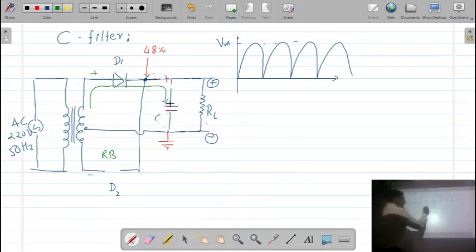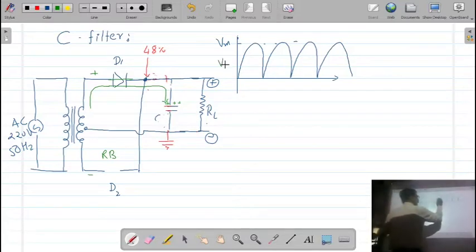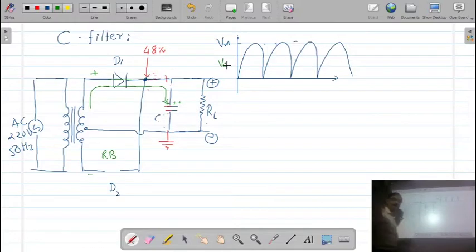So the voltage across this capacitor goes on increasing. And if you look at this waveform, whatever the output voltage is there, it is nothing but the voltage across the capacitor because the capacitor and RL are both connected in parallel.